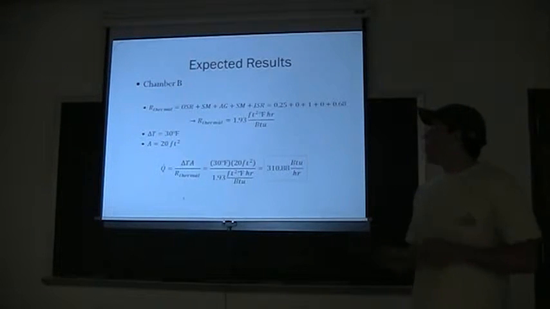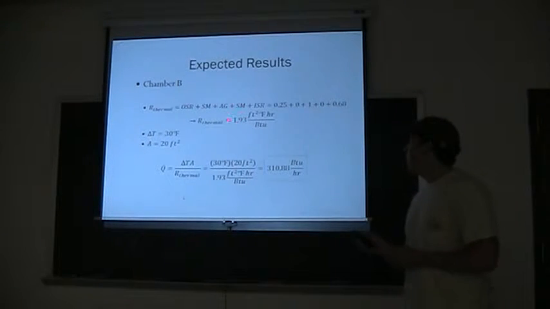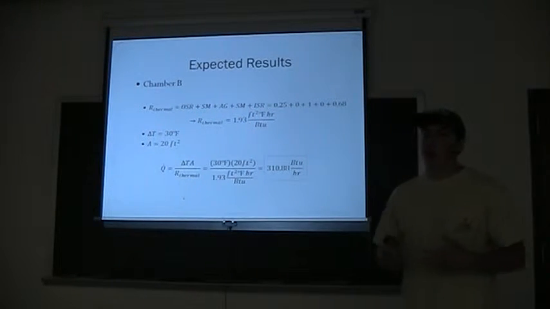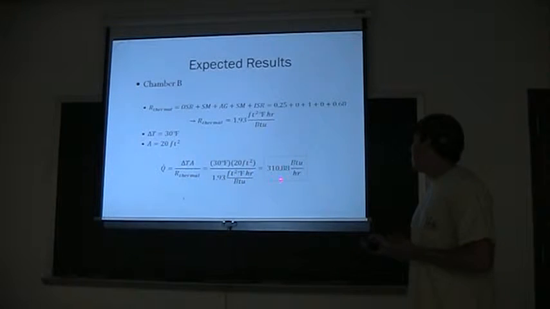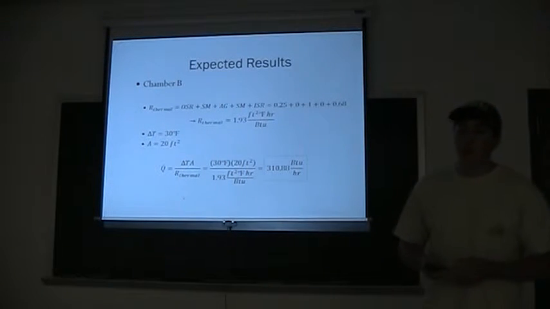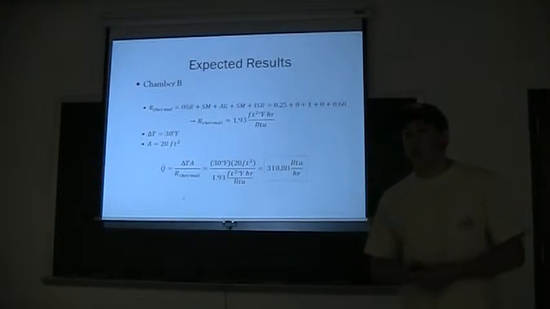And then the expected results for chamber B, if you notice that we have 5 thermal resistances included, so chamber B encounters a lot more thermal resistance, so it probably is going to have a lower heat rate. And with that, you see that the heat rate is about 310.88 BTUs per hour, so that's pretty intuitive for us.